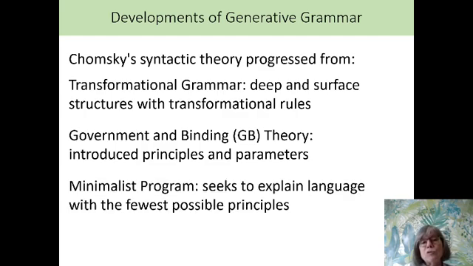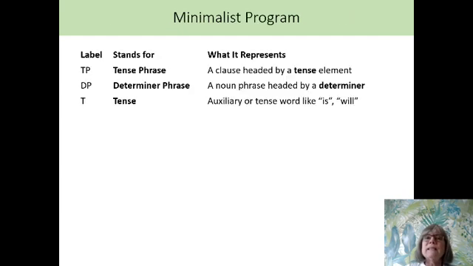And the most current iteration is the minimalist program, which seeks to explain language with the fewest possible principles. And just to give you an example, and again, I don't think we need this for language teaching, but again, my goal is for you to think about how the theory works and what it's theorizing.